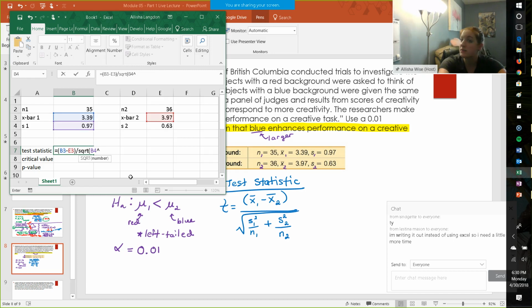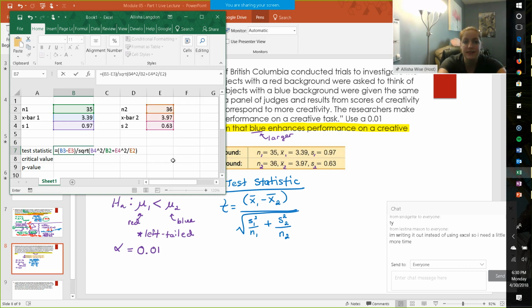Shift 6 gives me the up arrow, so I'm squaring that sample standard deviation, dividing it by n sub 1. Now we add, I'm still bitter about that. I'm not going to forget that. Okay, s sub 2 squared, and divide that by n2.